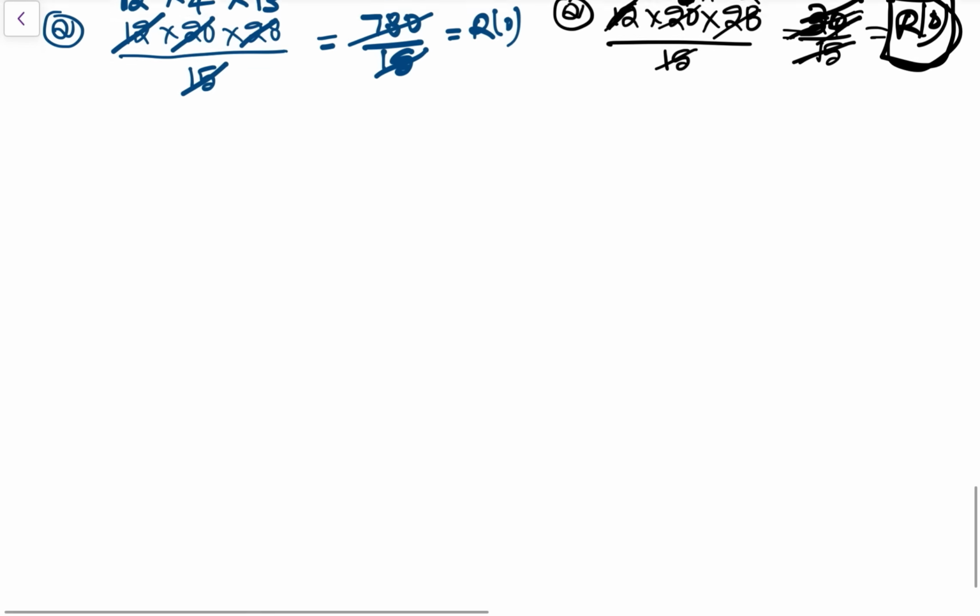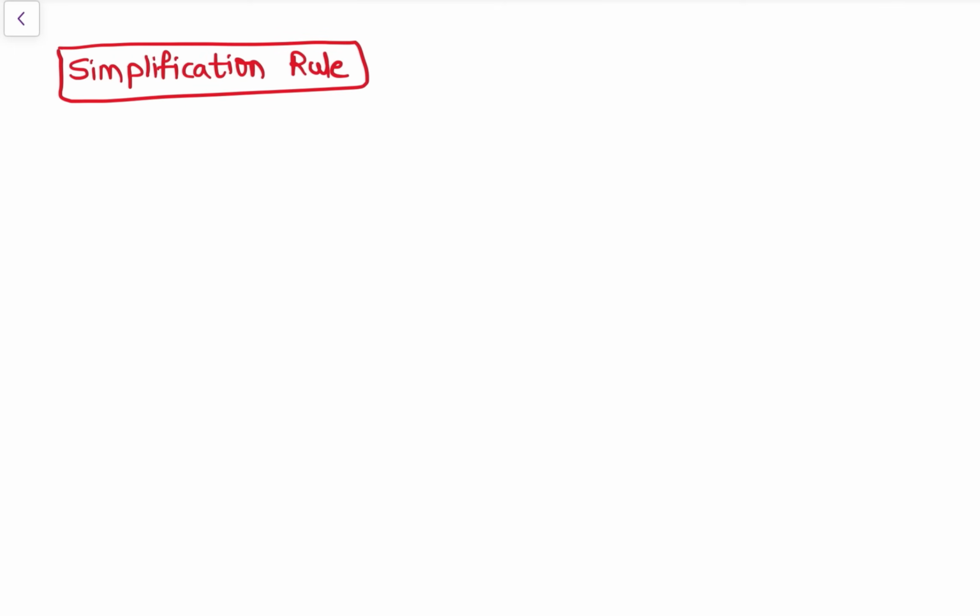Then we will do one important concept, that is simplification rule. See, very important because questions are asked from this area in UPSC. बस वही रिमाइंडर ऑफ मल्टीप्लिकेशन में और चीजें इजी करने के लिए we simplify it further.